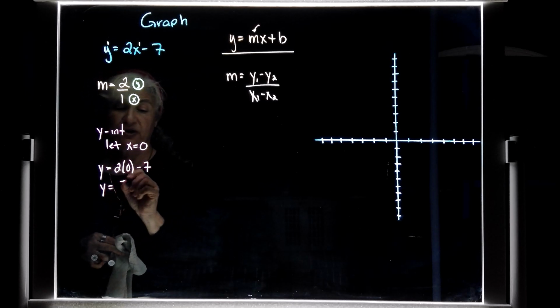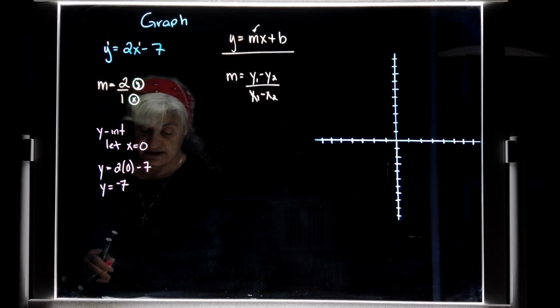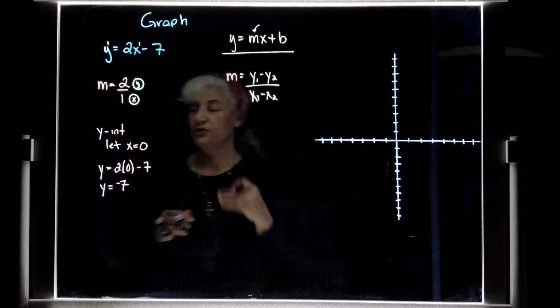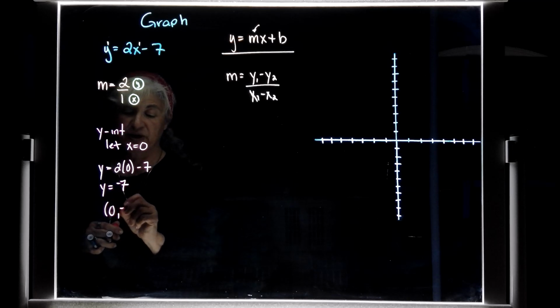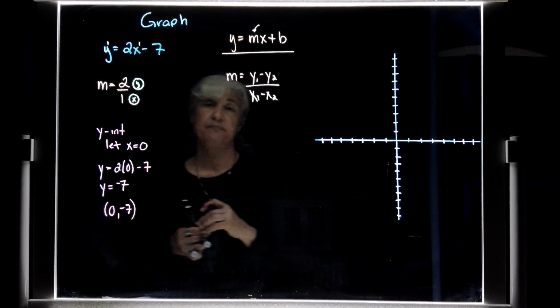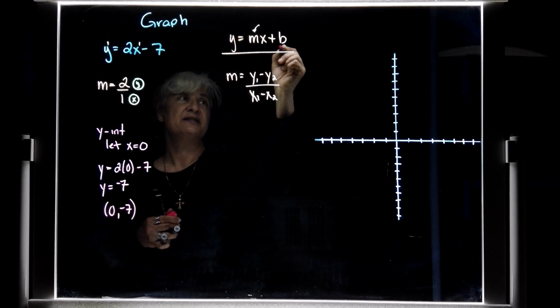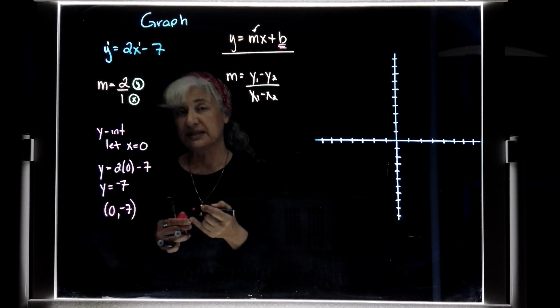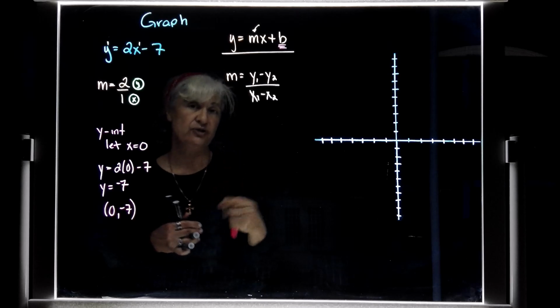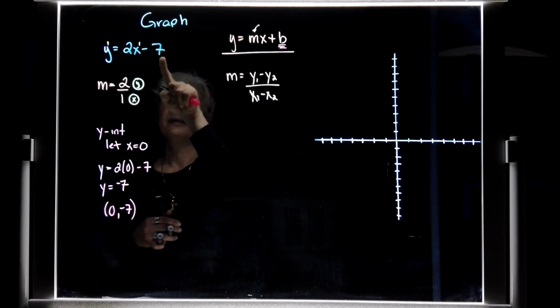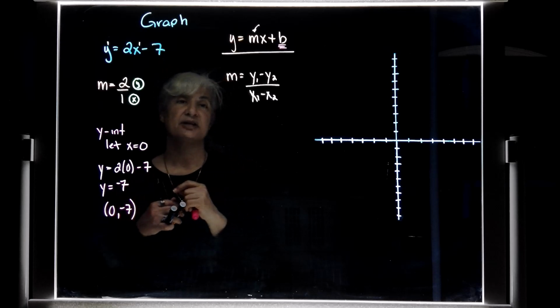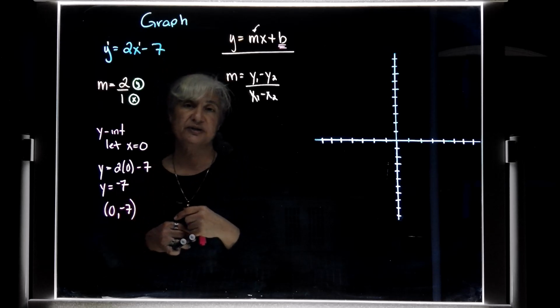And when you solve or simplify, in this case, work it out, you get y equals -7, which means your x was 0 and your y was a -7. Remember, this number, this b, represents the y-intercept. This is the reason why this last number, the constant, is your y-intercept.